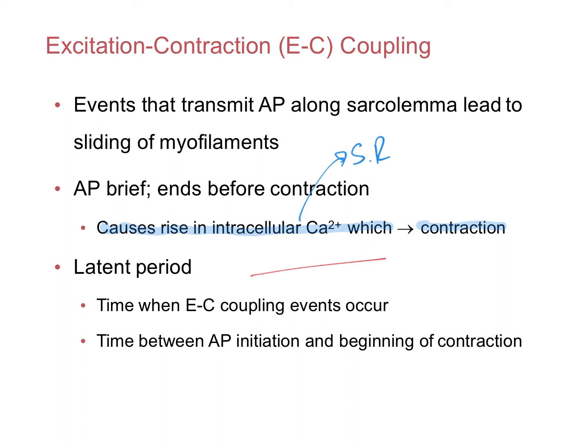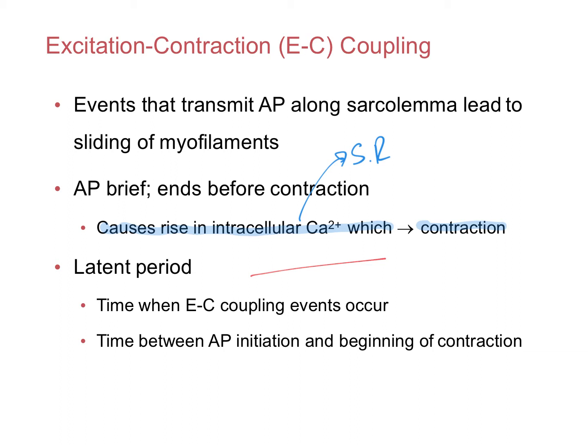The latent period of a muscle contraction is the time when this excitation-contraction coupling occurs. It takes a little while to go from the action potential running down, to opening calcium channels, calcium rushing into the cell, and then all the events of contraction occur.